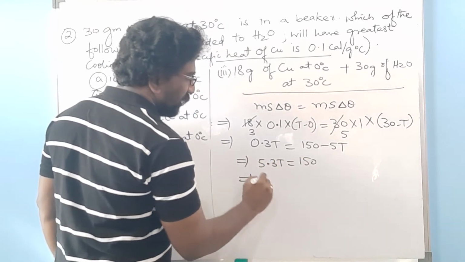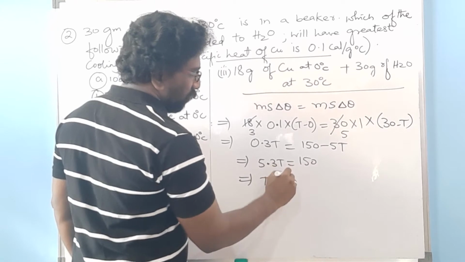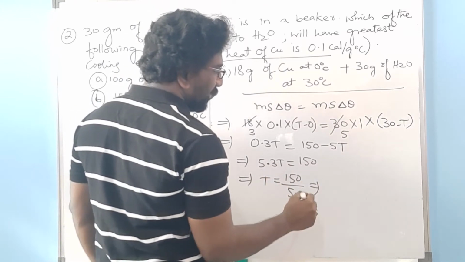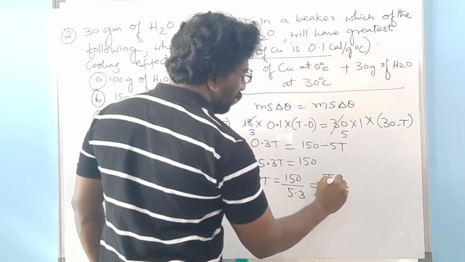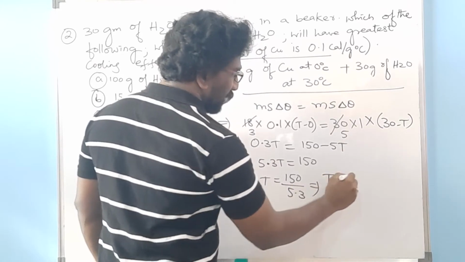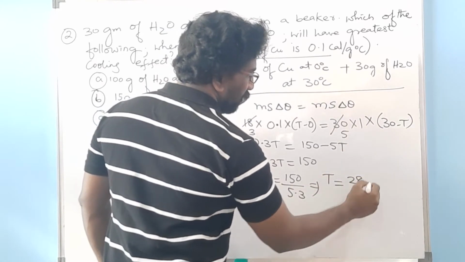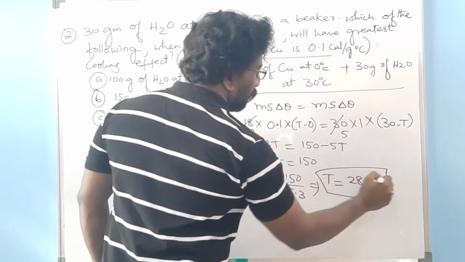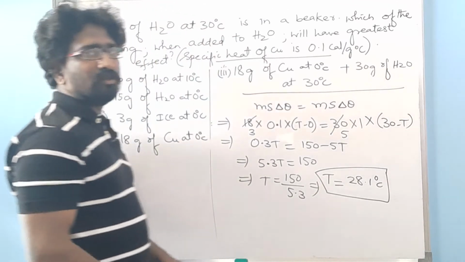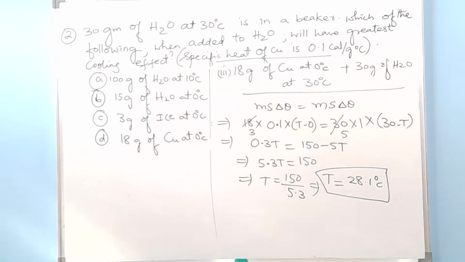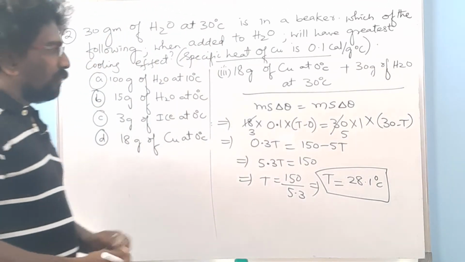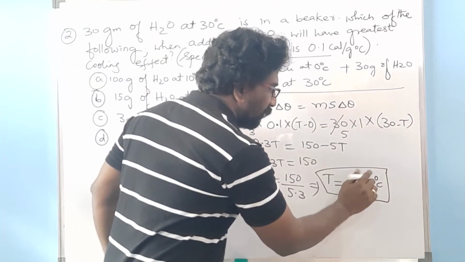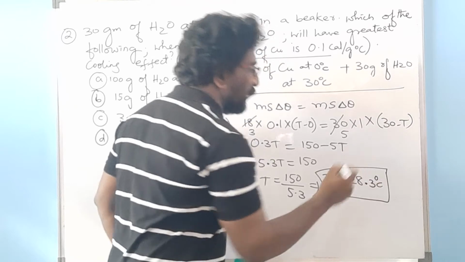This implies T is equal to 150 over 5.3. It gives an answer approximated to 28 degrees Celsius. You get an answer of 28.3 degrees Celsius.